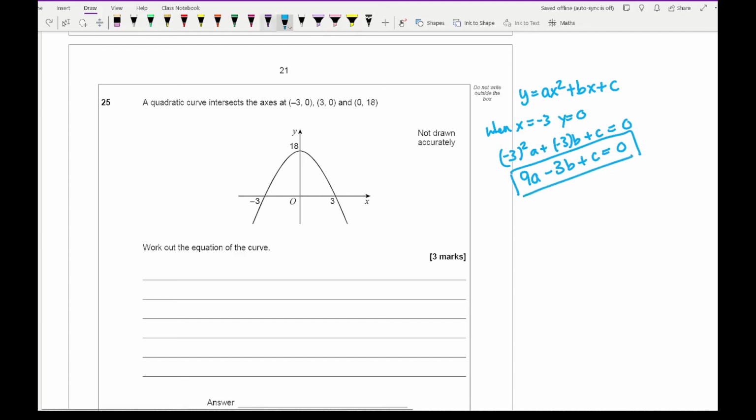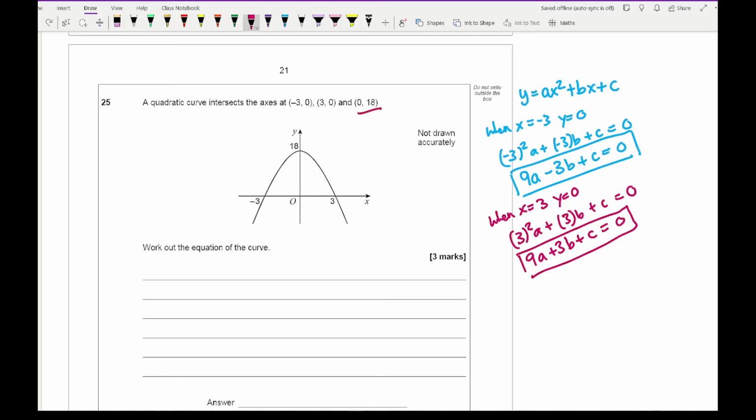The next one we've got is when x equals 3, y equals 0. So again, substituting it in, I get 3 squared a plus 3b plus c equals 0. So I get 9a plus 3b plus c equals 0. And there's my second equation.